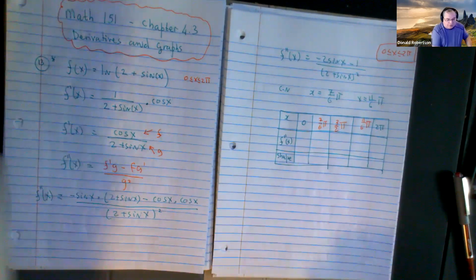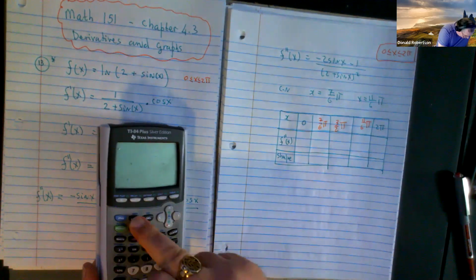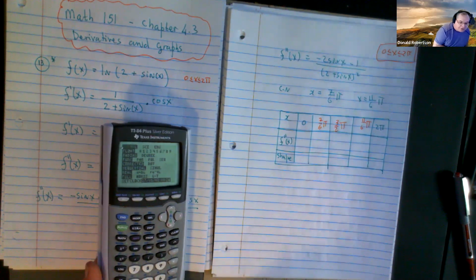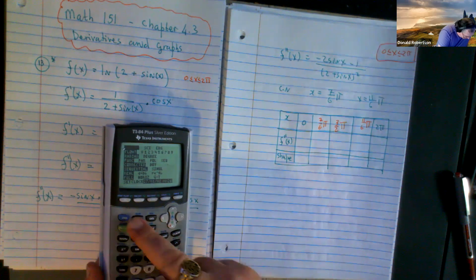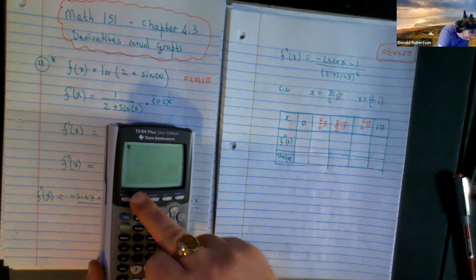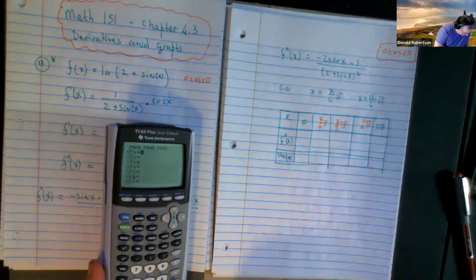And then we go to our calculator, and I'm going through all the mistakes I have made in the past. First thing is I make sure that it is in radians, which it is. I don't know how many times I forgot to check and it's in degrees and I wonder why it's not working. Then y equals, in this case, a very ugly looking fraction. So I'm going to do a bracket.